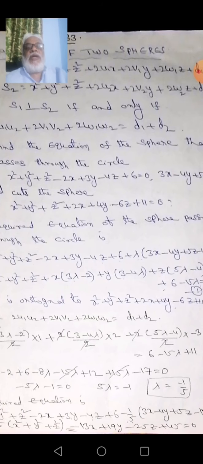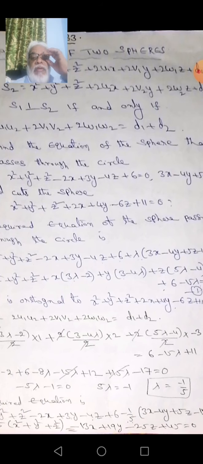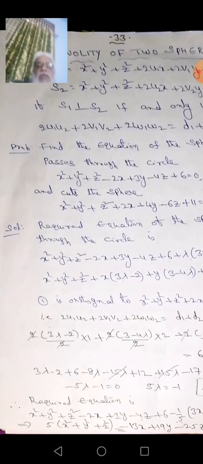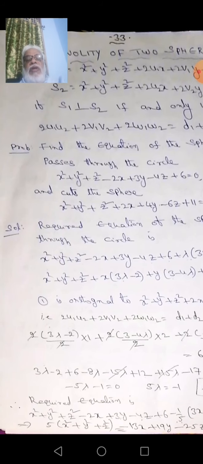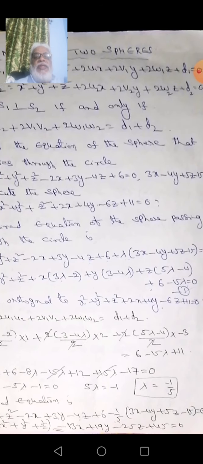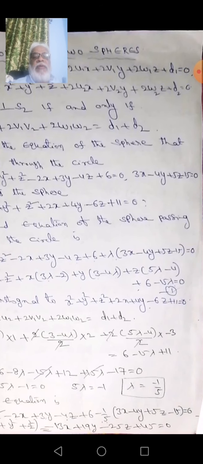Just substitute lambda is equal to minus 1 by 5 in the given equation, that is x square plus y square plus z square minus 2x plus 3y minus 4z plus 6 plus lambda, substituting minus 1 by 5, of 3x minus 4y plus 5z minus 15 is equal to 0.